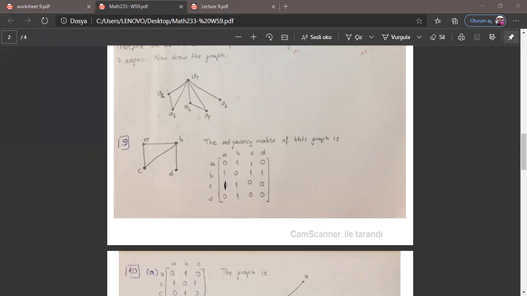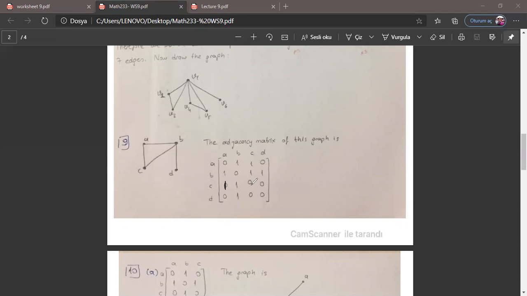And between C and D, there are edges between B, so we have ones here. Okay, and what about C? We have an edge between A, so we have 1 there. And C and B, we have again an edge. We have 1.